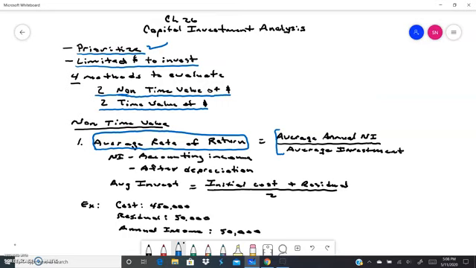And it's, I think, critical to point out that when we're talking about average annual income, we're really talking about accounting income here, okay? So we're not having to make any adjustments for depreciation. This would be after depreciation expense. So this would be the way we would normally report income, operating income or net income.